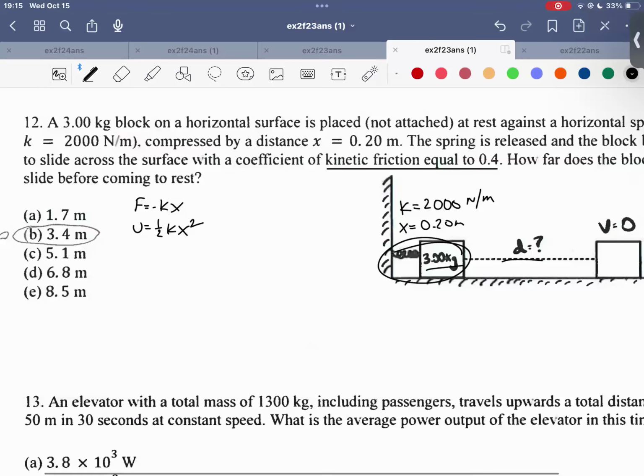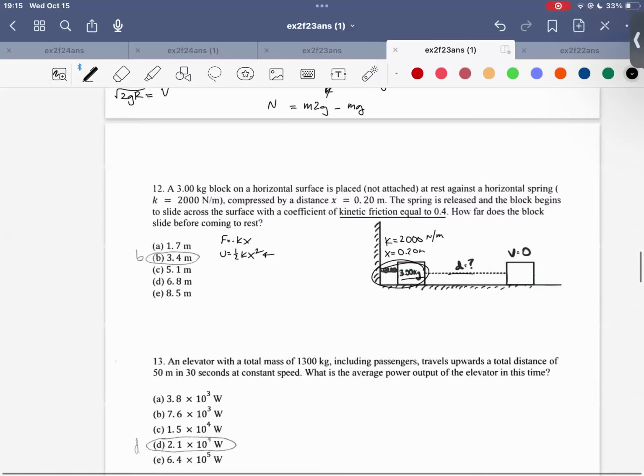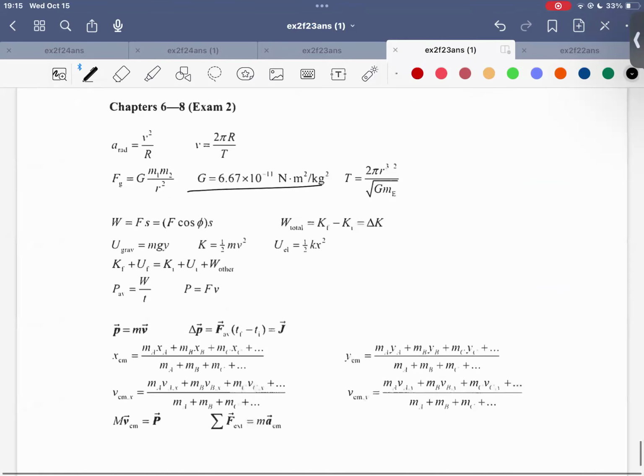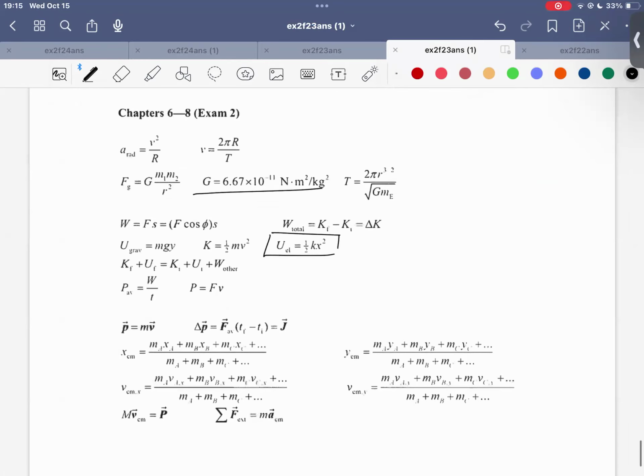So this is our spring potential energy formula, and it's on your formula sheet as U elastic is equal to 1/2 kx squared. So that's where it is.